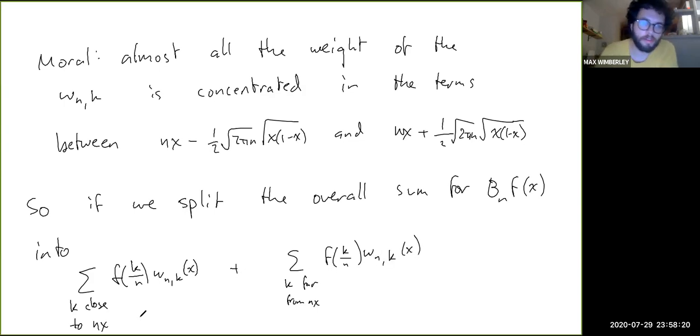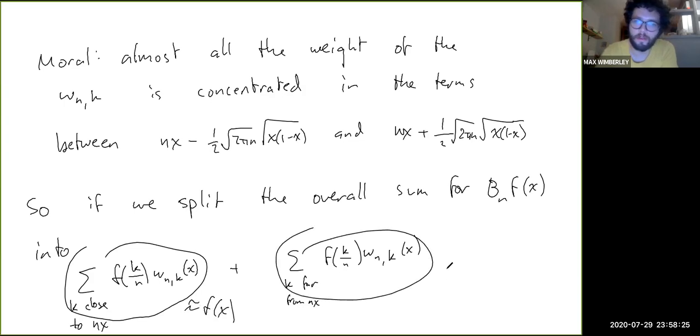We expect this to be approximately f of x and this to be approximately 0, okay?